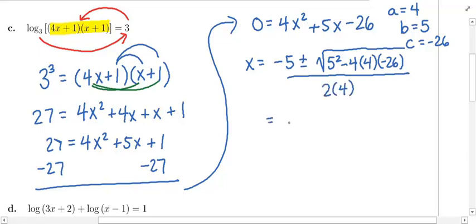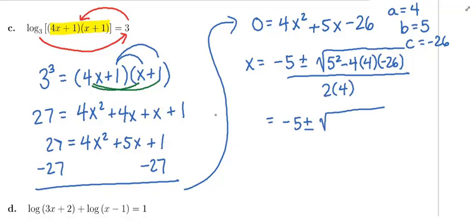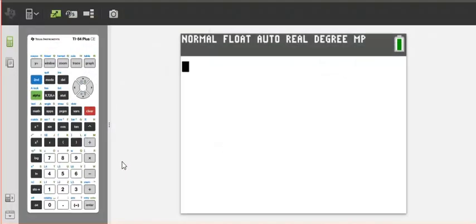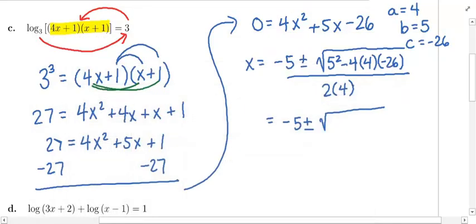So let's go ahead and simplify. We're going to get negative 5 plus or minus the square root of, I'm going to go to my calculator and compute what is underneath the square root. 5 squared minus 4 times a times c. So that's going to tell us that there's 441 underneath the square root sign.